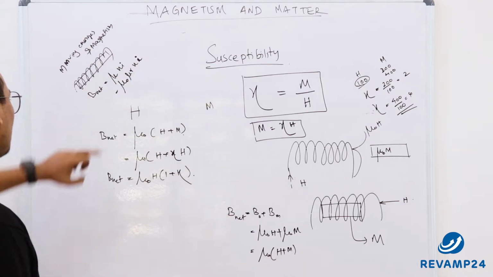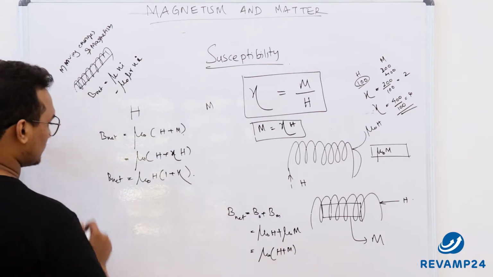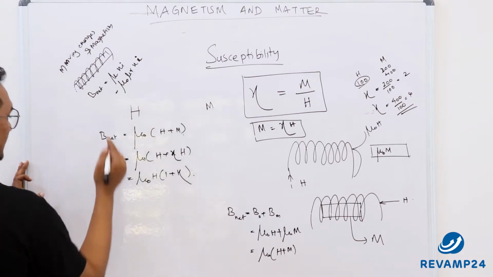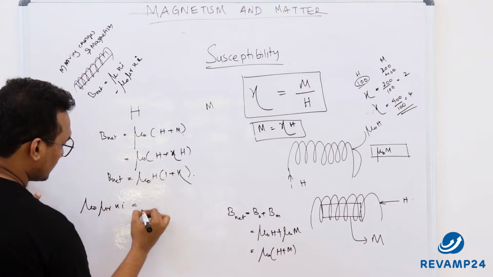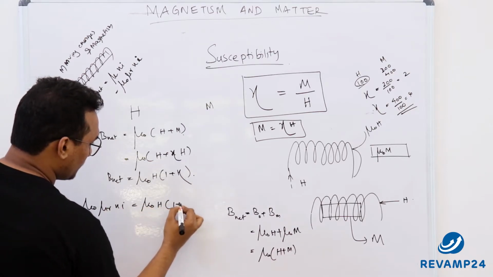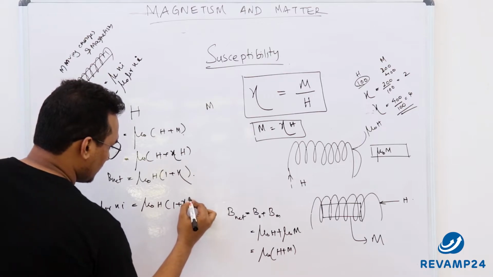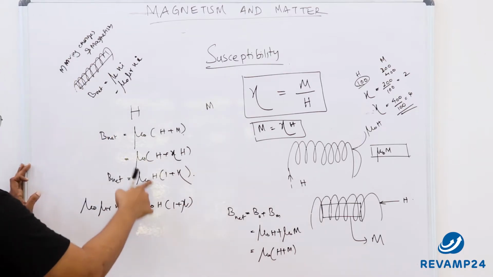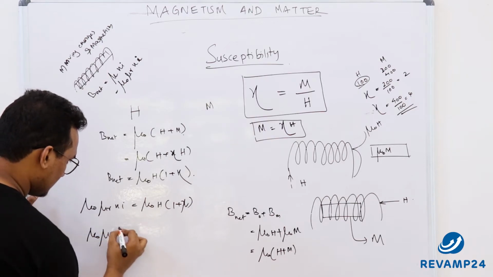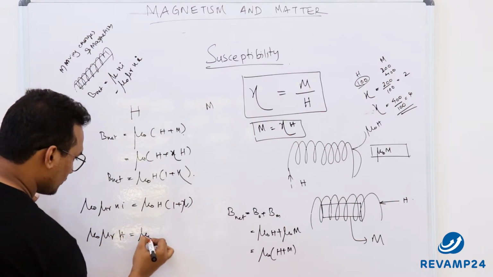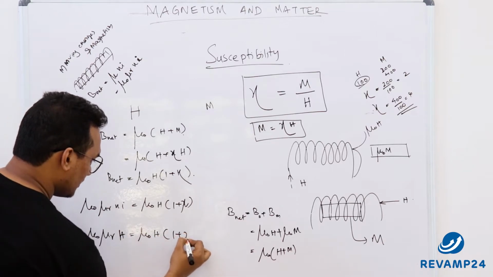It's the same case here in both cases. So I am going to substitute B net as mu0 into mu r into Ni. This is equal to mu0 into H into (1 plus susceptibility). Now Ni is H, we have learned in the previous video. So mu r Ni is equal to mu0 into H into (1 plus susceptibility).